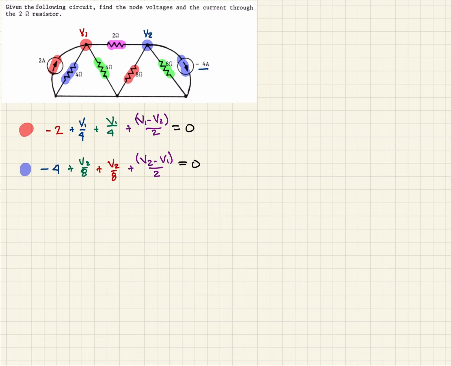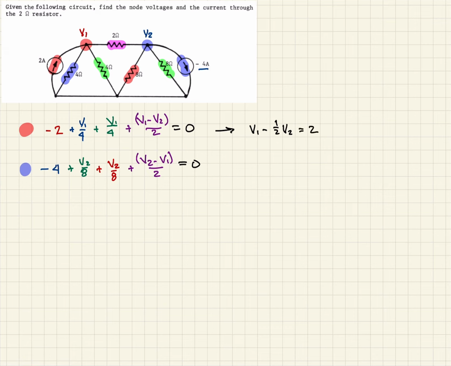So these are our two equations. Now what we want to do is some algebra. We'll collect like terms and rearrange things just a bit. When we do that, this equation will become V1 minus 1/2 V2 equals 2.